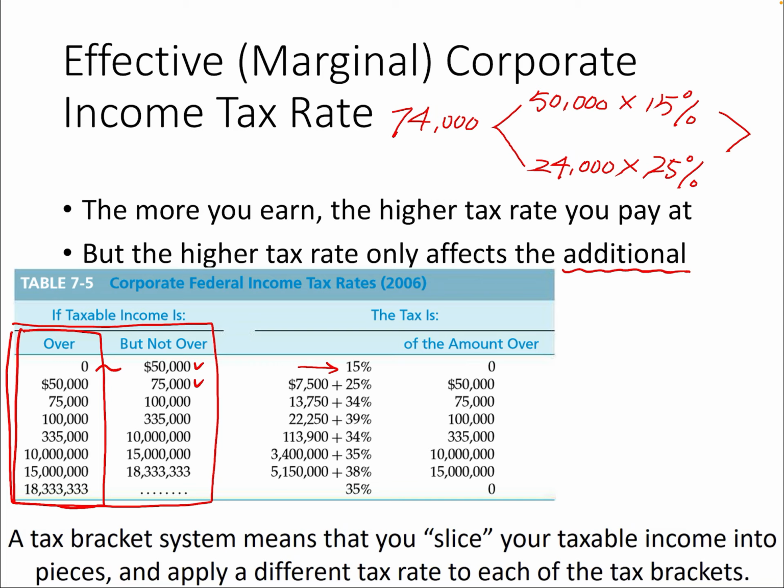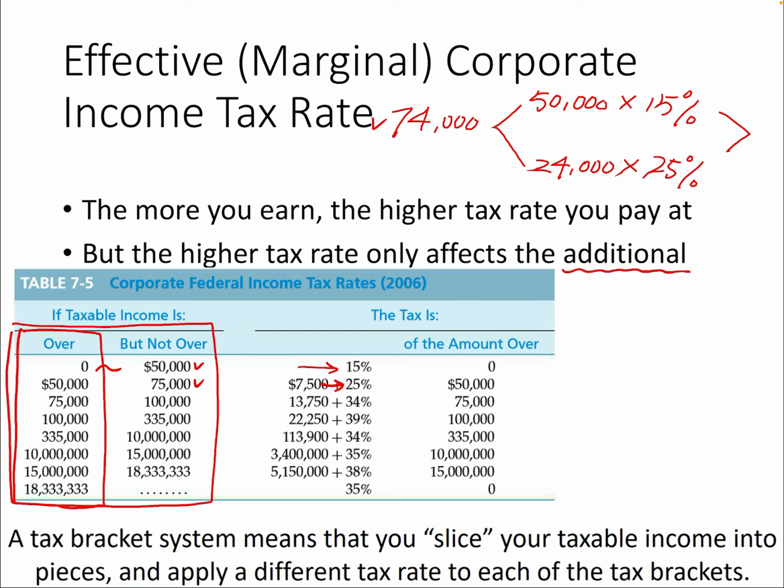And whatever is left of your gross income, remember that you earn more than 50,000 but the number is lower than 75,000, so there might be some left over when you take out the 50,000 for the first bracket. What is left you multiply by the 25% rate, and that is the second part of your tax. Then you have the first part plus the second part, which is your total income tax.